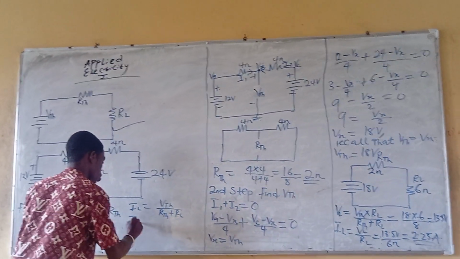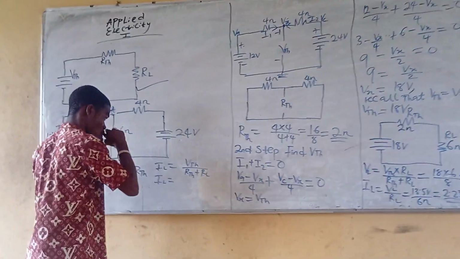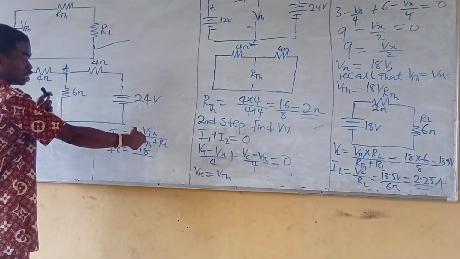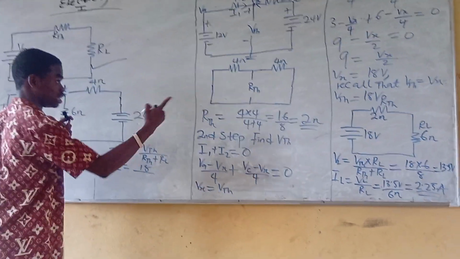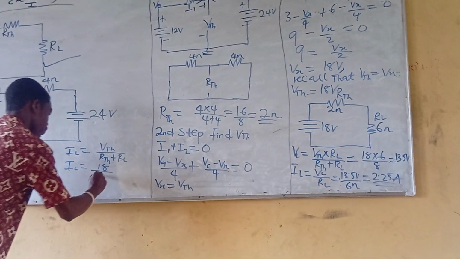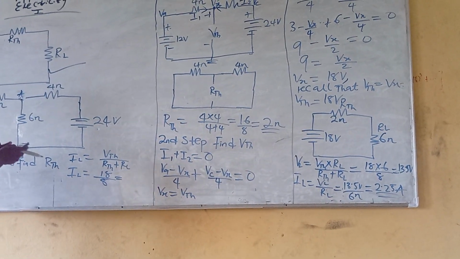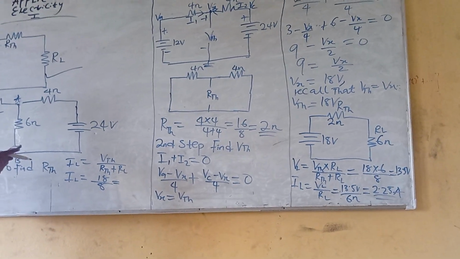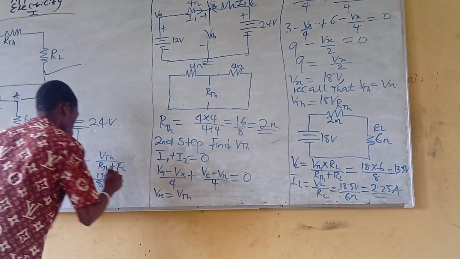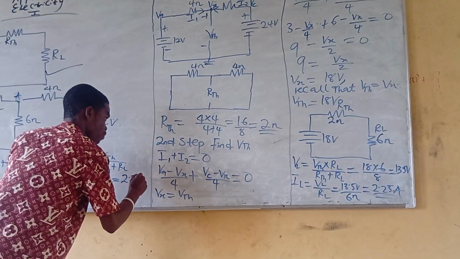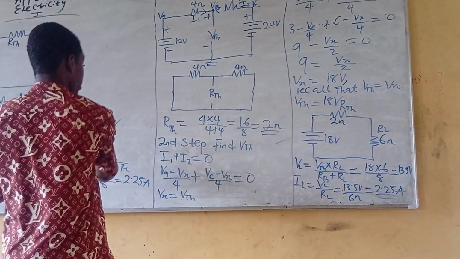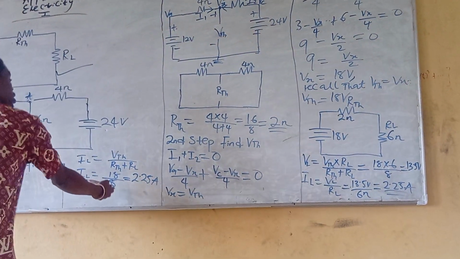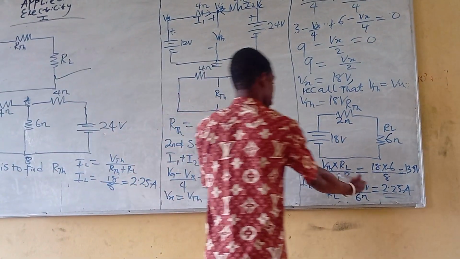So the load current equals 18 divided by 6 plus 2, that's 8. 18 divided by 8 equals 2.25 amperes. As you can see, this and this are the same thing. I would prefer to use this, but I was just breaking things down for you.